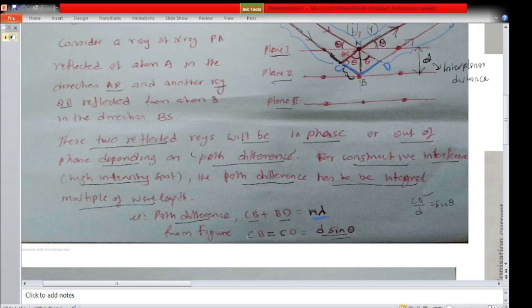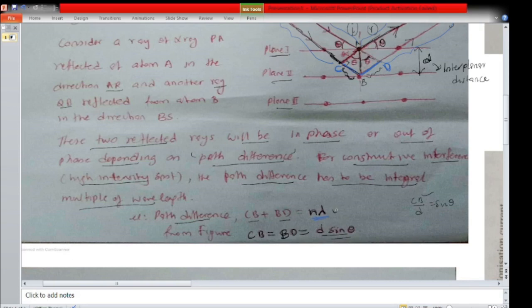CB will be equal to BD, because these lengths are the same. Both are d sine theta.